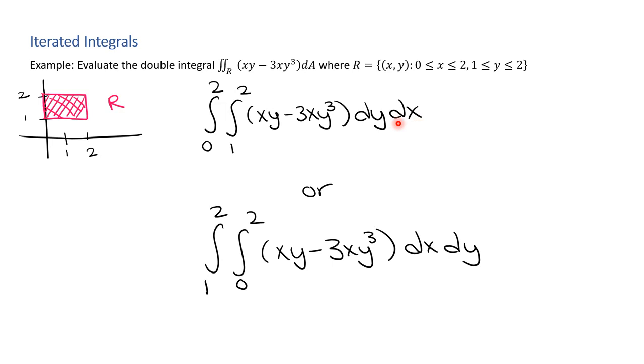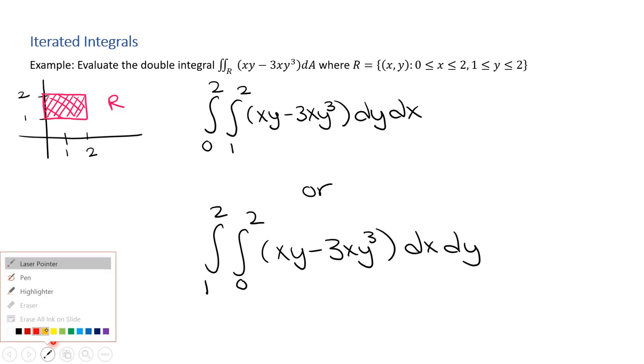And then after that, we'll integrate with respect to x, and the x's go from 0 to 2. We can switch the order of the integration. We could integrate with respect to x first. Again, the x's go from 0 to 2. Or we can integrate with respect to y, and the y's go from 1 to 2.